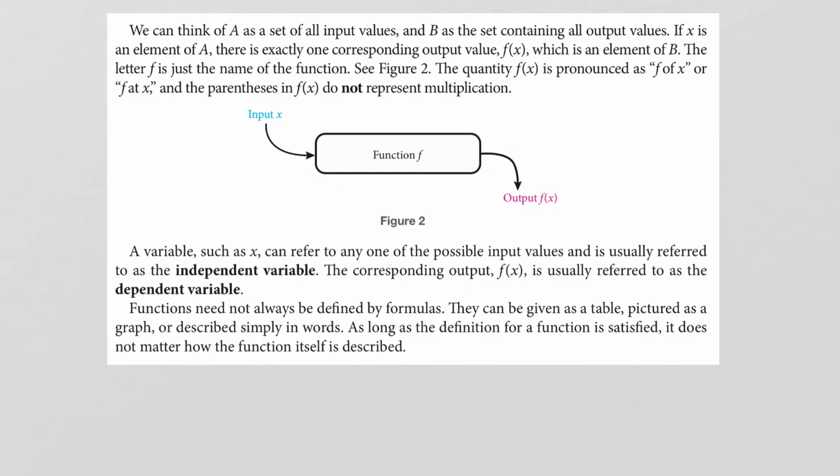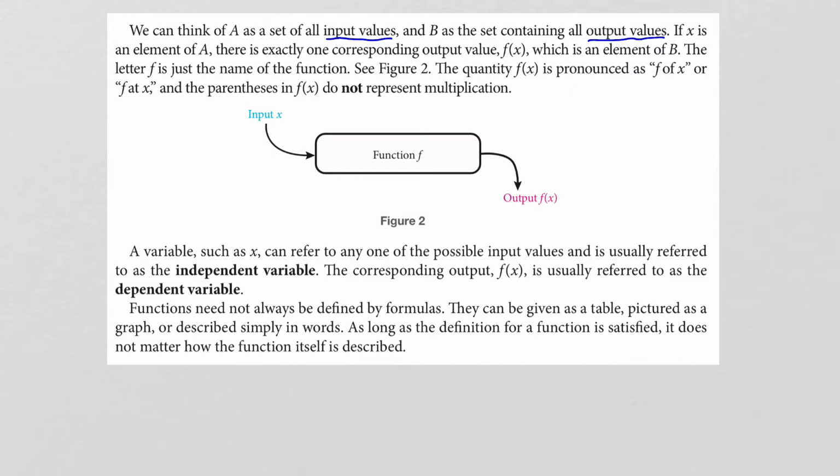Before we go to those examples, let's also talk about another way we can think about a function. So we can think of the set A that I referred to on the previous page as the set of all input values, and set B is a set of all output values.